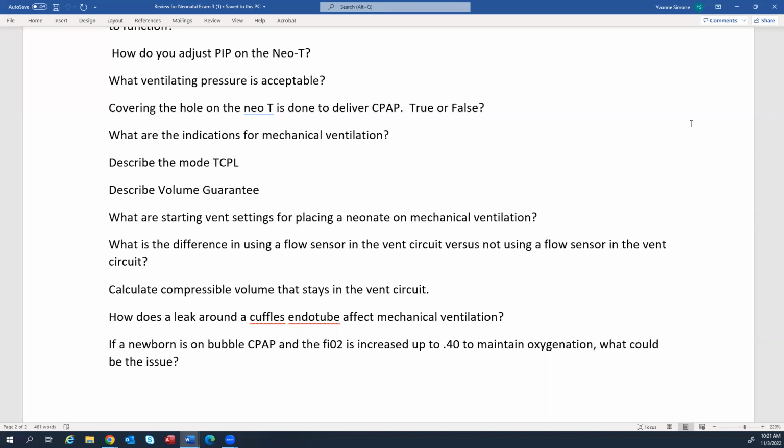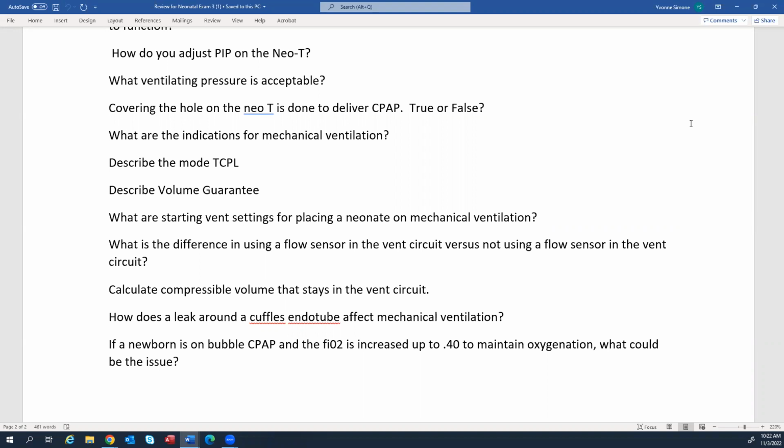And then the other thing is you may want to turn on leak compensation. The ventilator will say, okay, let me recognize the leak. Let me send in extra flow to compensate for that leak. And then it subtracts the air going out the leak from the numbers that you see.